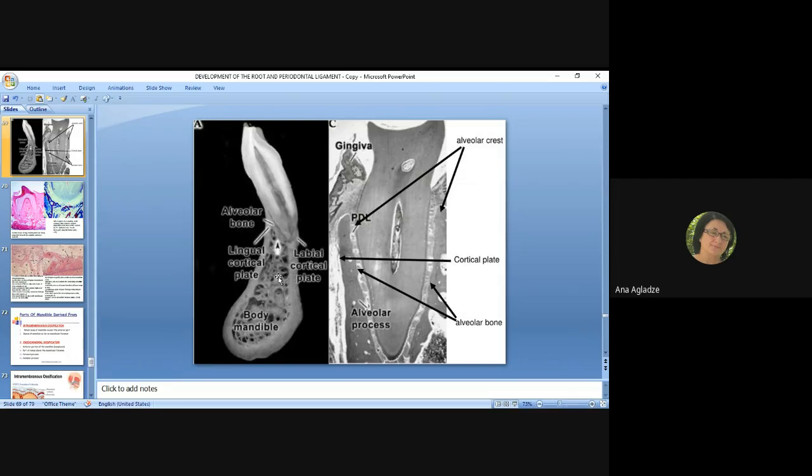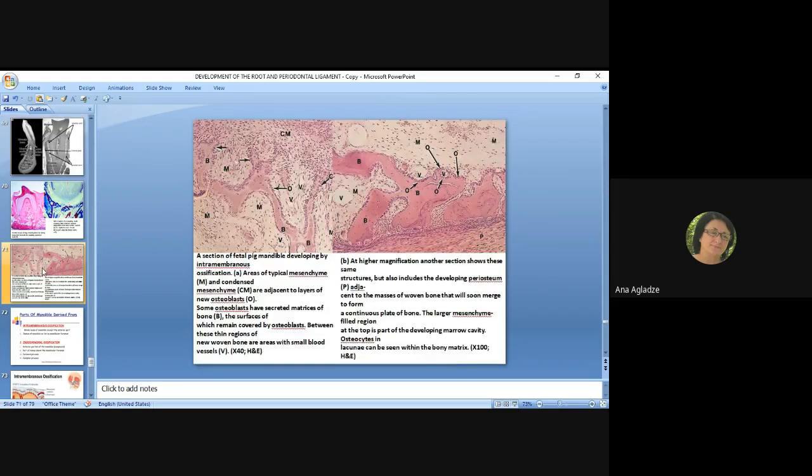To accommodate the growing tooth germs, the lamellae of the developing alveolar bone undergo resorption on the inner wall of the alveolus, and after this, bone is deposited by osteoblasts lining the surface of the osteoid.